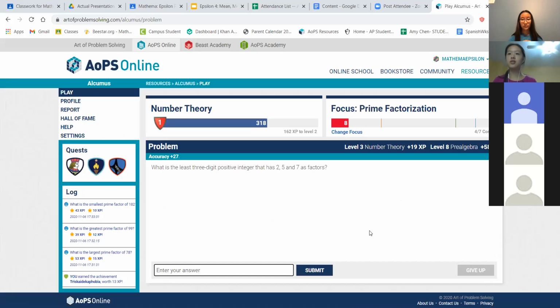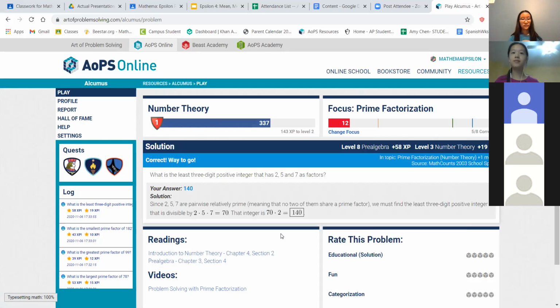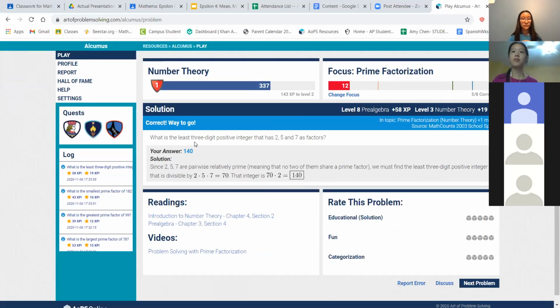What is the least 3-digit positive integer that has 2, 5, and 7 as factors? Okay, the first answer is 140. Good job. And for this, it specifically asks for the 3-digit positive integer.